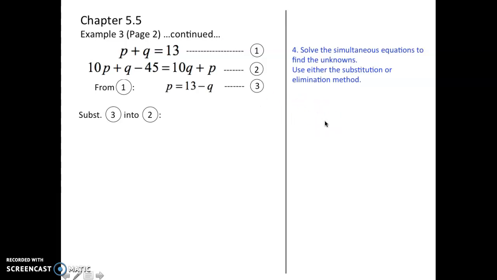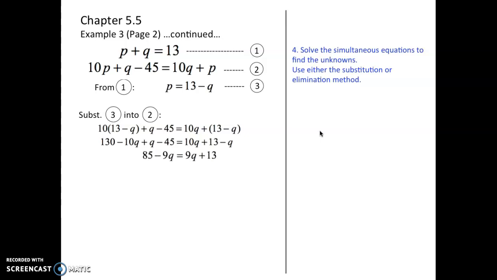Alright, so now substituting it into equation 2, I will replace my P with 13 minus Q. So wherever my P was, I'm going to bracket 13 minus Q into it. Once I have this, I'm going to simplify it by expanding. So I will have 130 minus 10q plus q minus 45 equals to 10q plus 13 minus q.